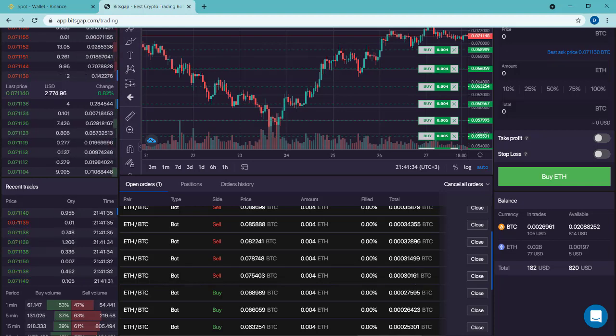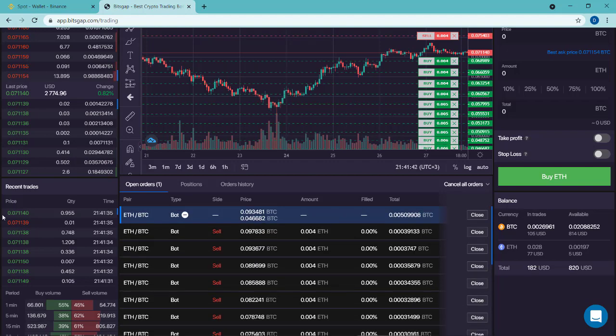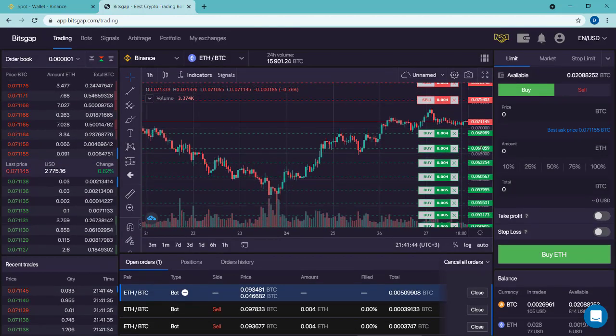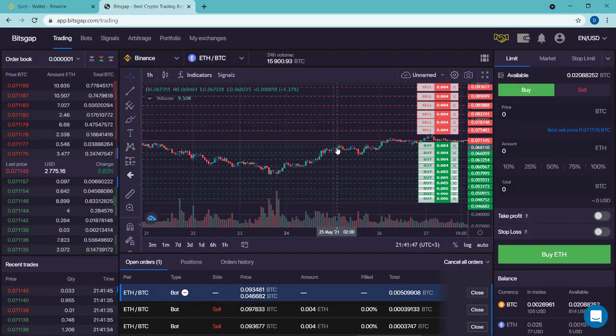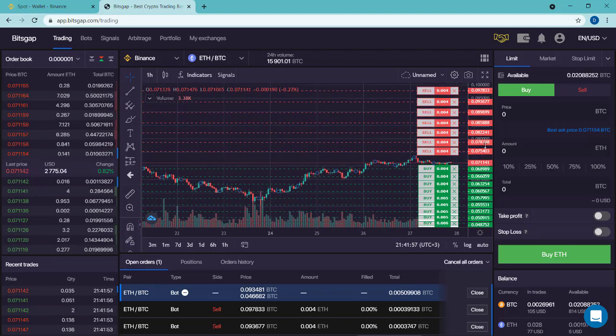So as you see, as the value of Ethereum goes up and up, I can sell Ethereum at higher and higher values, and I'll be getting more and more Bitcoin, and in that way I increase the amount of Bitcoin that I have.